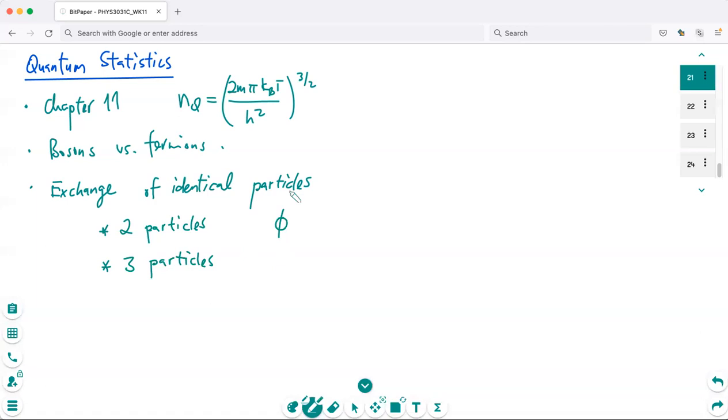Then after the exchange, I will argue that if you look at the system, you cannot tell the difference between before and after the exchange. So I will label it like this: phi 1, and another one naturally will be phi 2. These are the single particle wave functions for two particles. One I call 1, the other one I call 2.